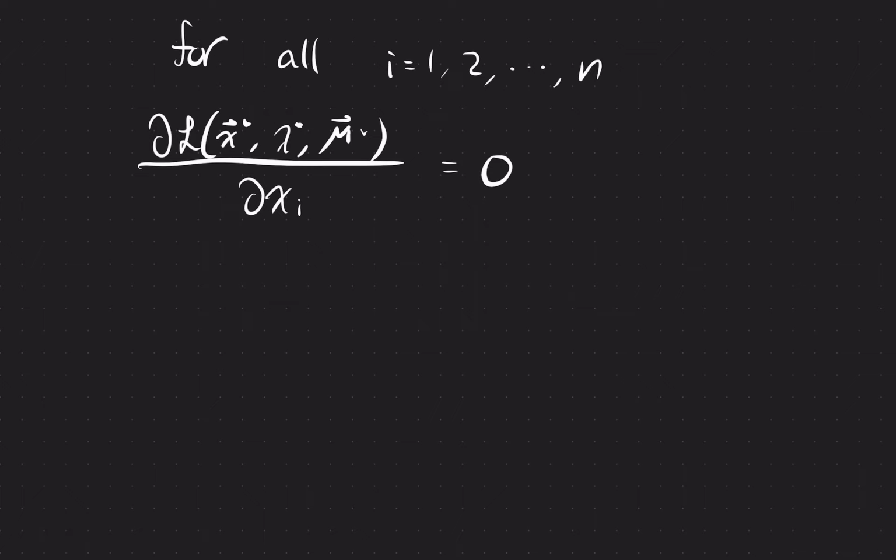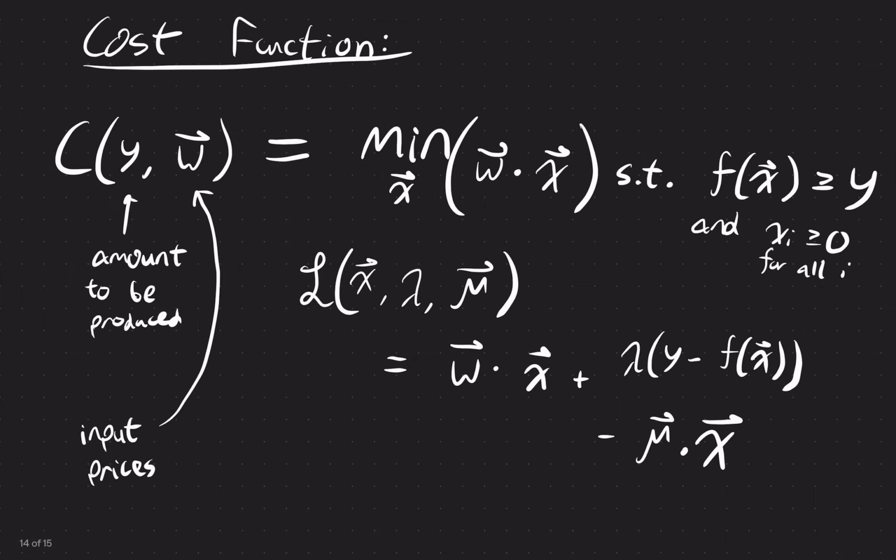Then you have the partial derivative with respect to lambda, and there's just one lambda now, so the partial derivative of the Lagrangian at the optimum with respect to lambda is going to be less than or equal to 0.